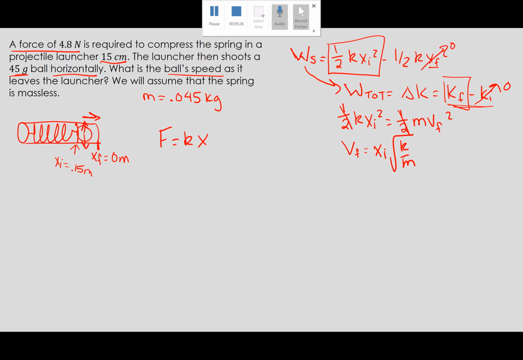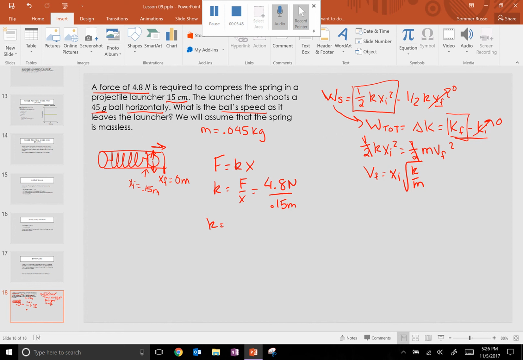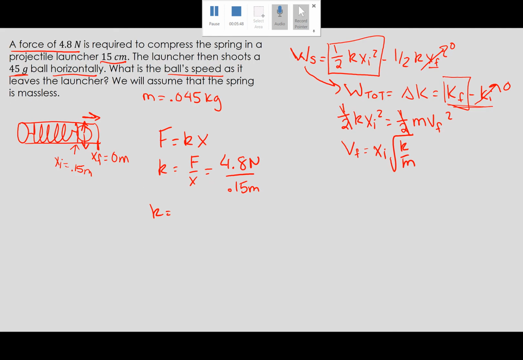Well, that proportionality is the spring constant. So that k is equal to force divided by amount of compression. So that 4.8 newtons divided by 0.15 meters gives us a spring constant of 32 newtons per meter.